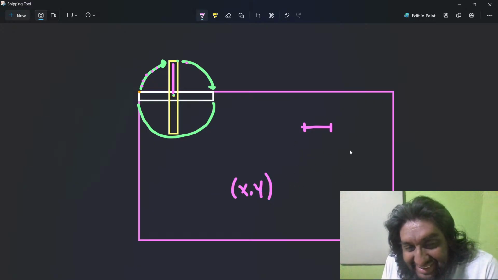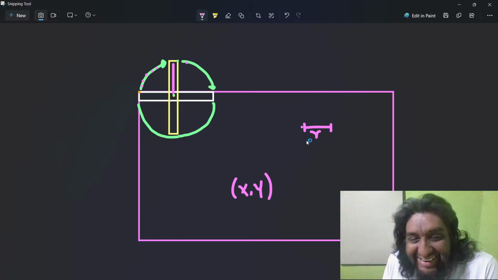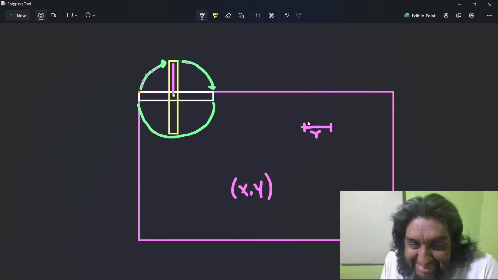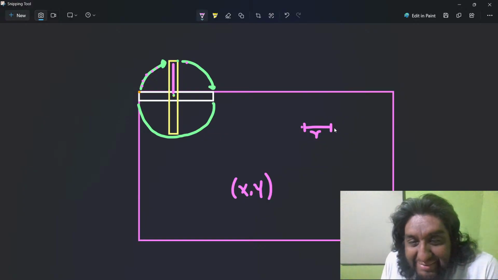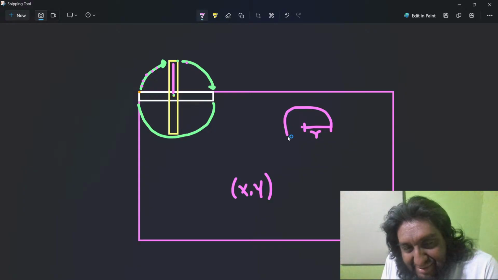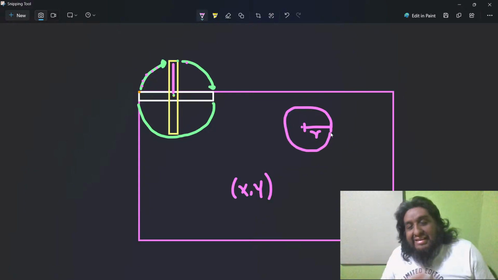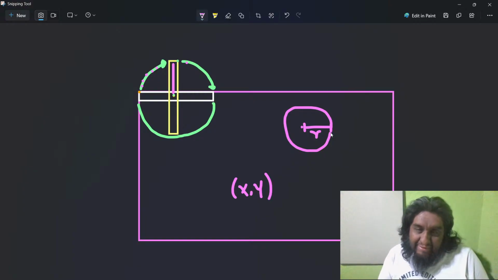Look at me, I am a mathematician. We have this point x, y, and then some radius r. So how can you calculate all of the points that belong to the circle or the circumference? That's one thing.